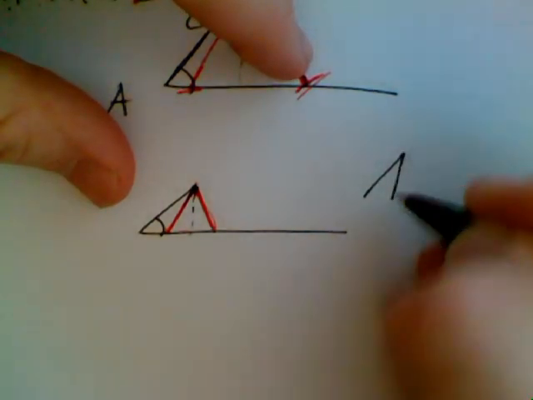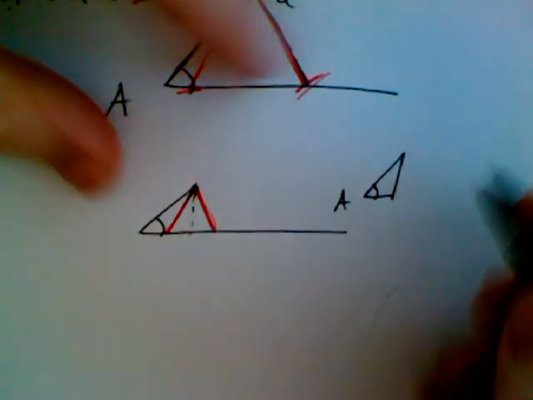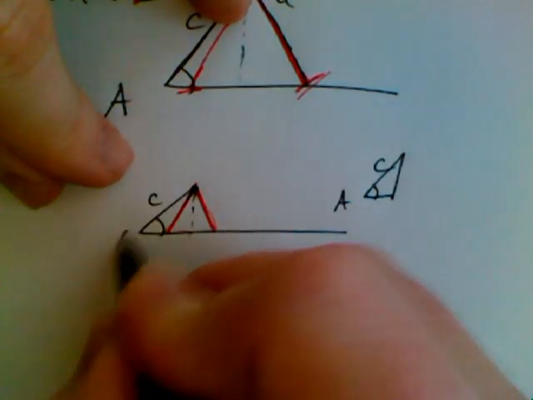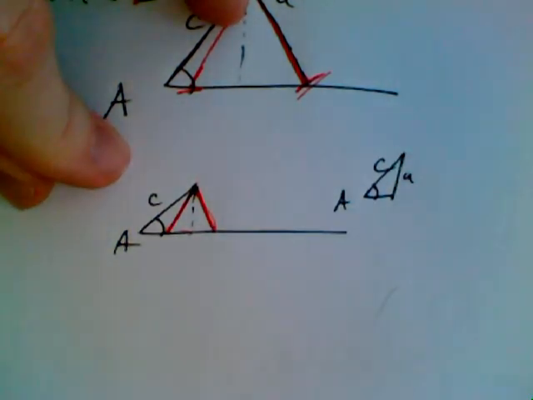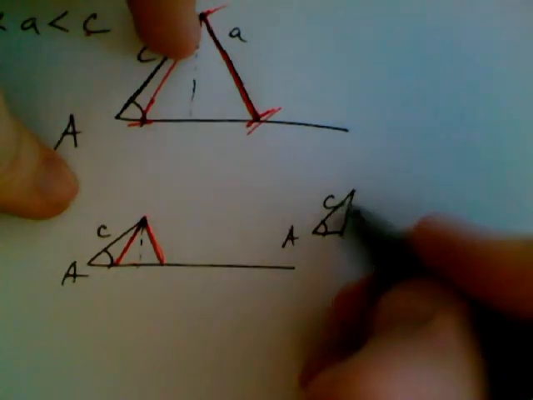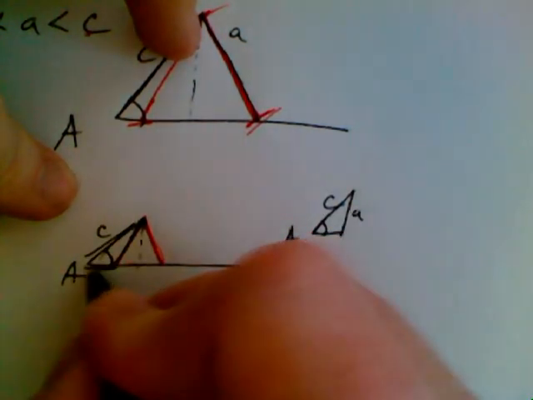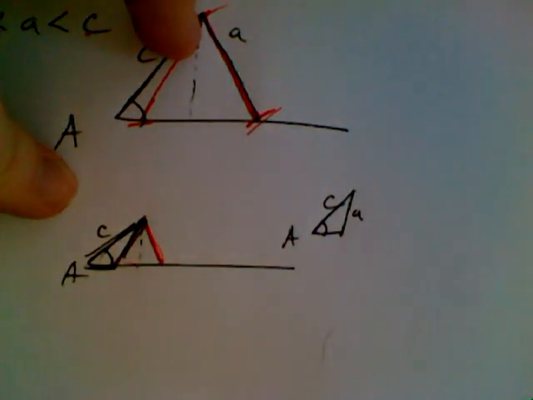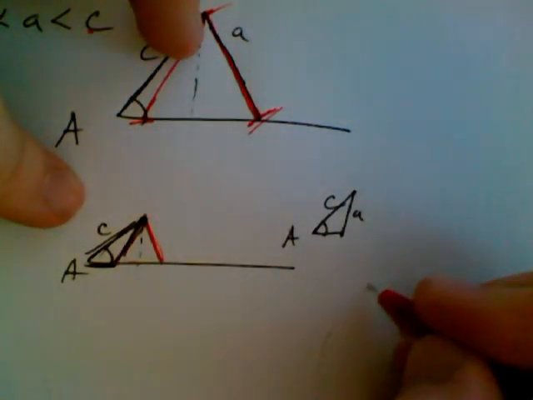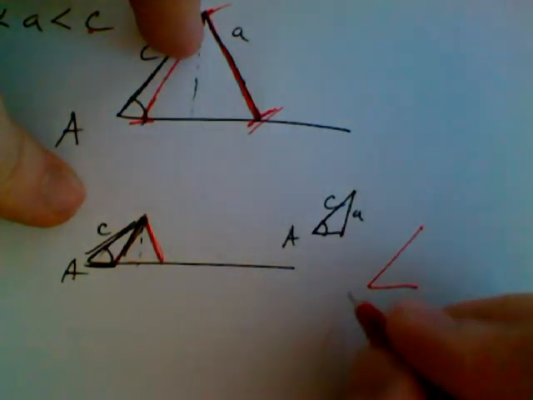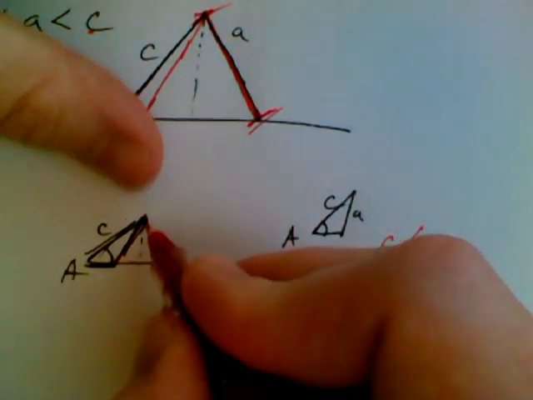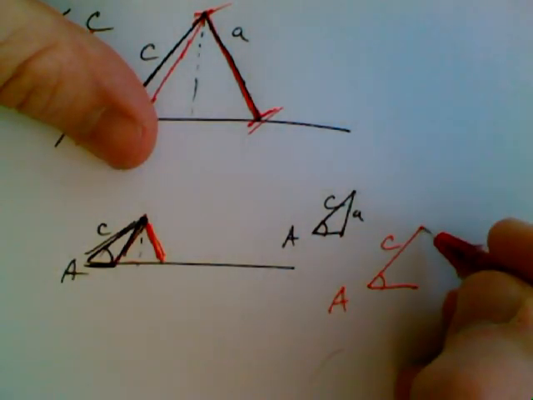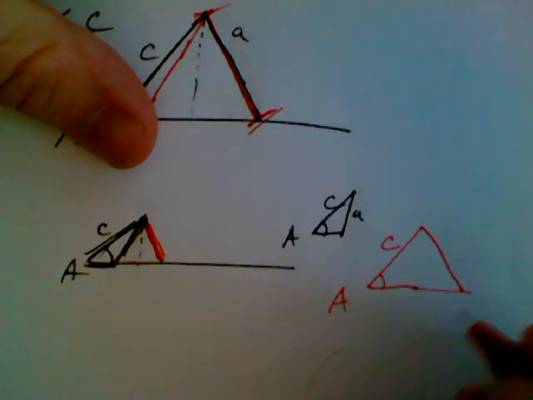Here, that angle is still A, this side is still C, and this side is right here, A. But I also have the situation where A and C don't change, but now it's landing on the opposite side of the height. So it's over here.